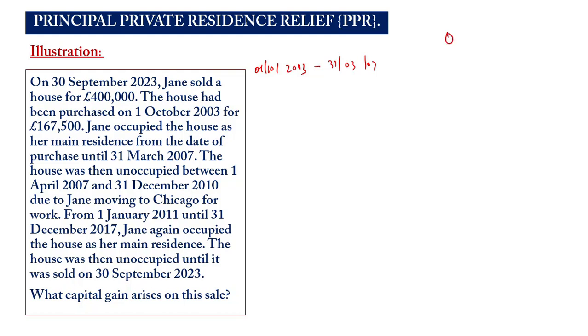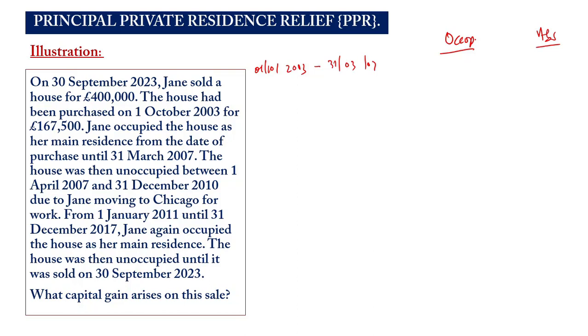So this one, we were told Jane occupied it. So this is occupied, then absent. How many months would this be? We can do it in years and then we convert it. From 1st October 2003 to 31st March 2007. So to September 2004 will be 1 year, 2005 will be 2 years, 2006 3 years. So up to September 2006 is 3 years.